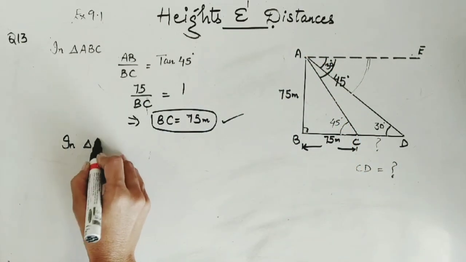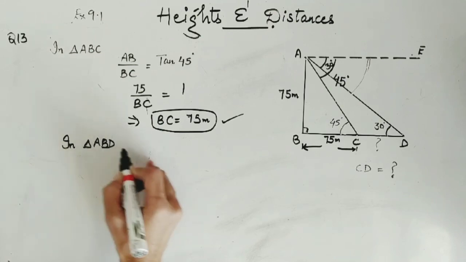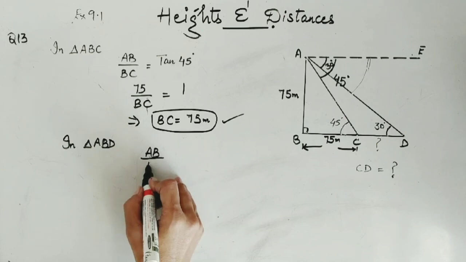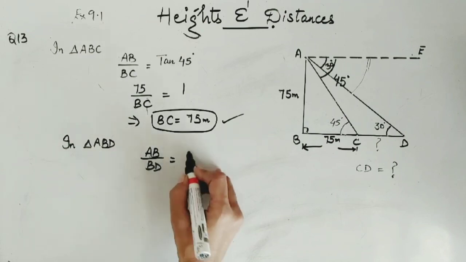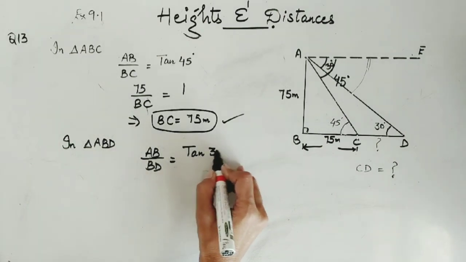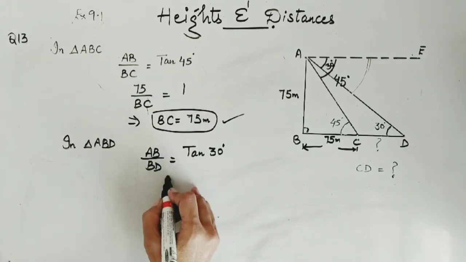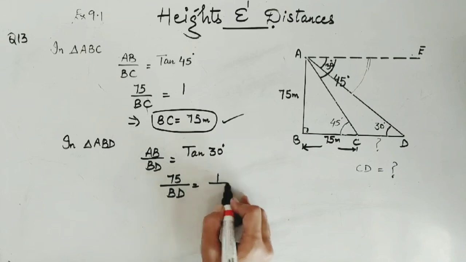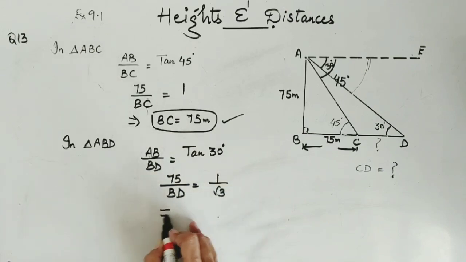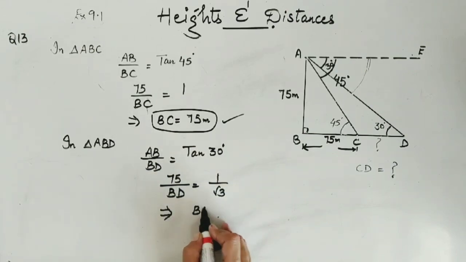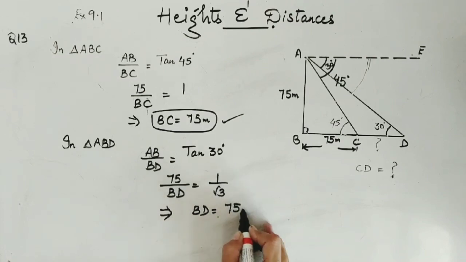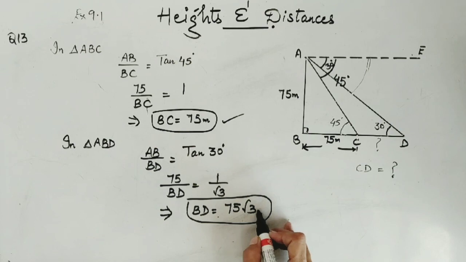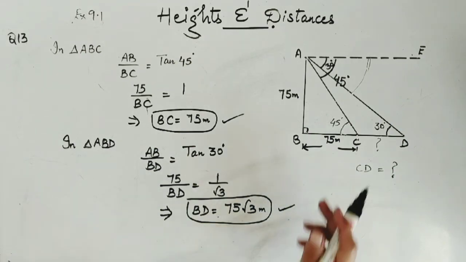In triangle ABD, it would be AB by BD, which is tan 30. AB is 75, BD is unknown, tan 30 is 1 by root 3. So BD becomes 75 into root 3. BD is found.